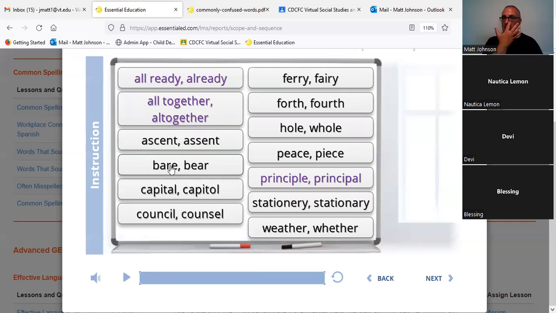Bear and bare. That's one that's often confused. If you bear a burden, it's BEAR. If you have a bare torso, right, it means you're exposing your abdomen, BARE. Right to bear arms. People make jokes about that, right? So the right to bear arms, as it's written in the Constitution and the Bill of Rights, is BEAR.